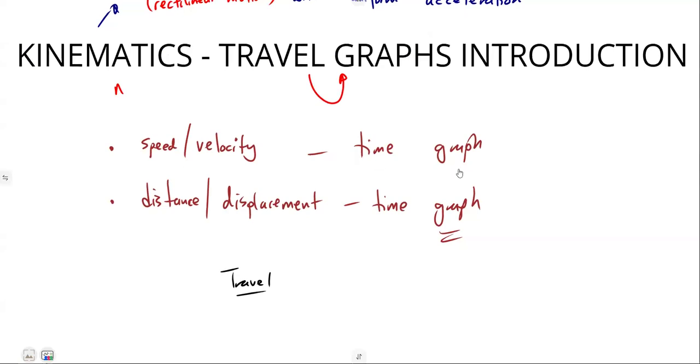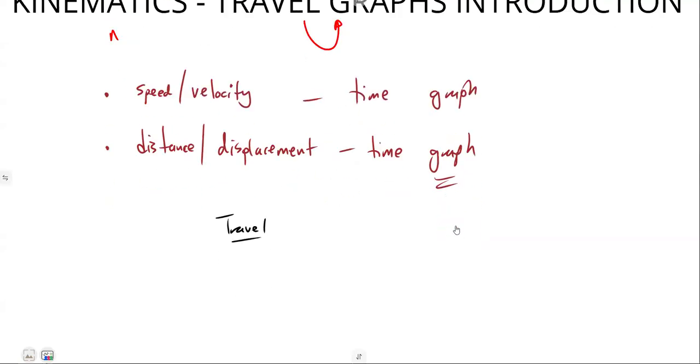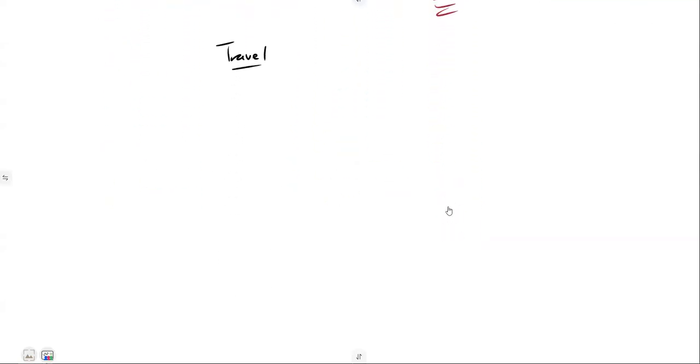So the first part is just the interpretation of these travel graphs. We need to interpret both the speed time graph and the velocity time graph from what we are used to generally from our algebraic graphs, all right? Let us say we are given a basic graph, taken from our algebraic graphs.